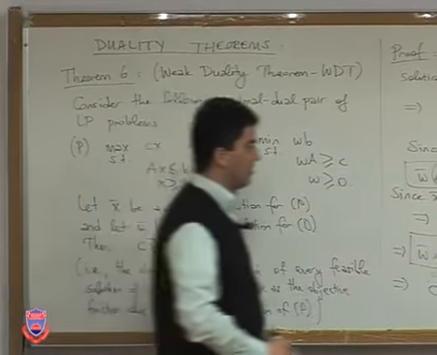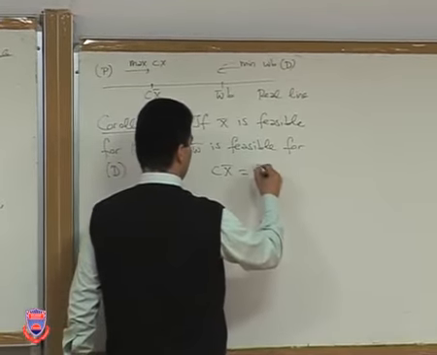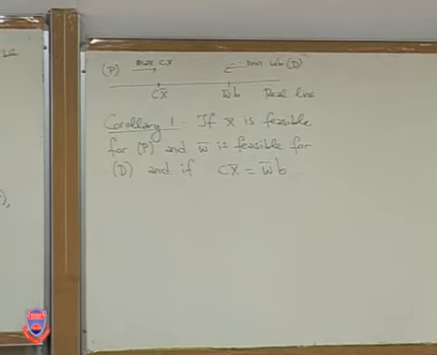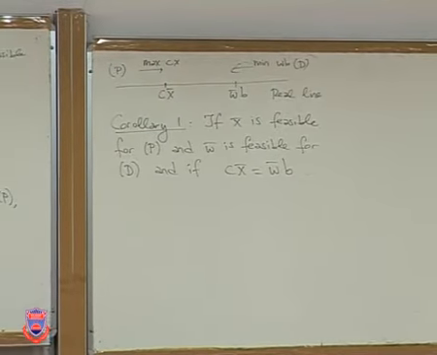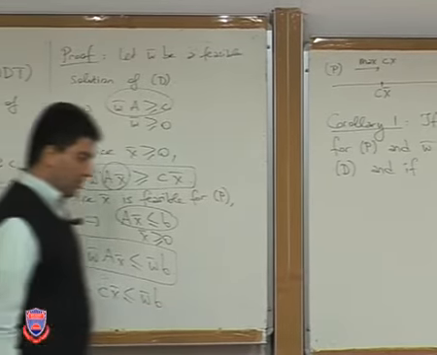So this inequality is always true. So suppose that we have equality basically. Suppose that these two values are the same. Then the question is, what can I say about x bar and w bar?